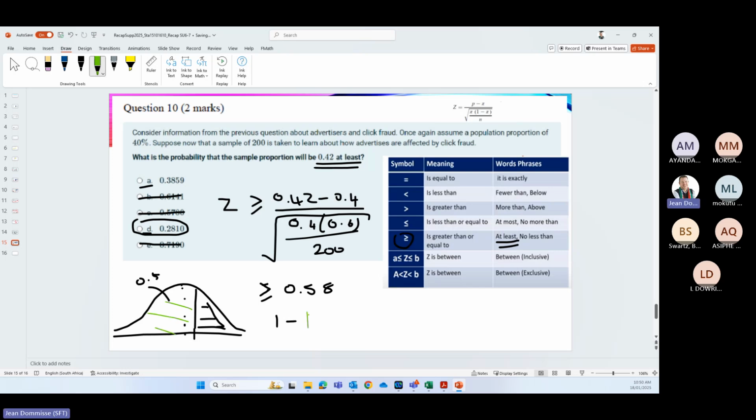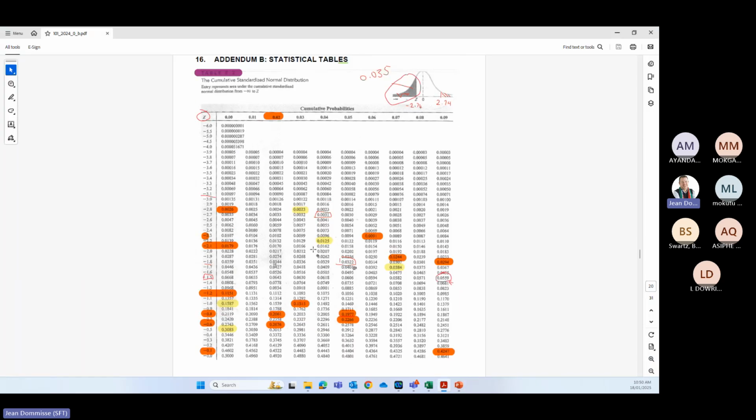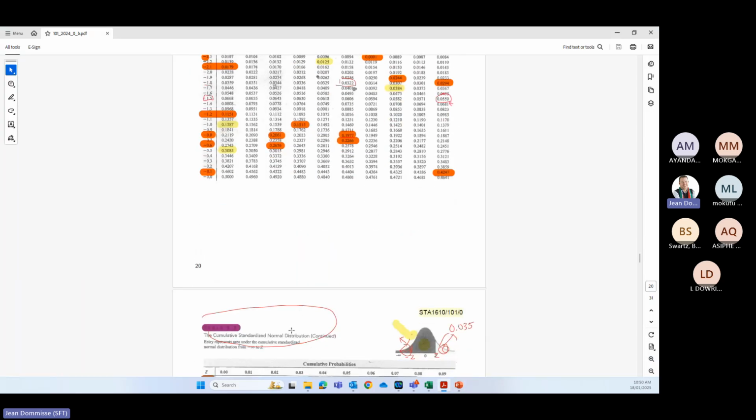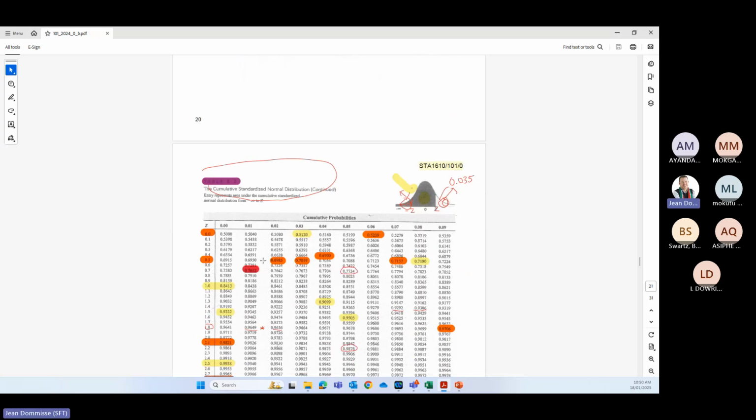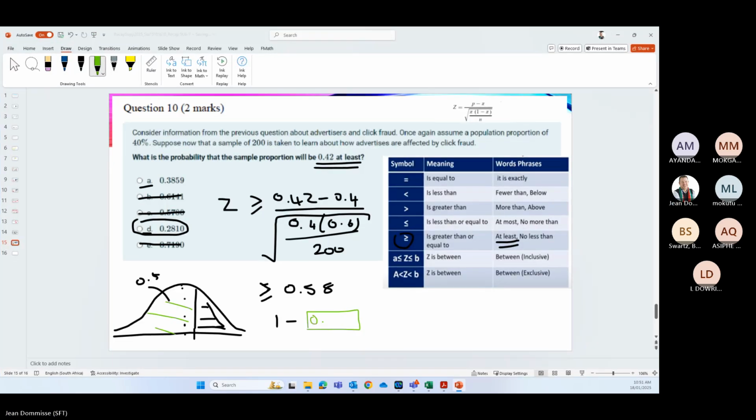So 1 minus the green area in the positive. Let's look at 0.58 for positive, which is 0.719.